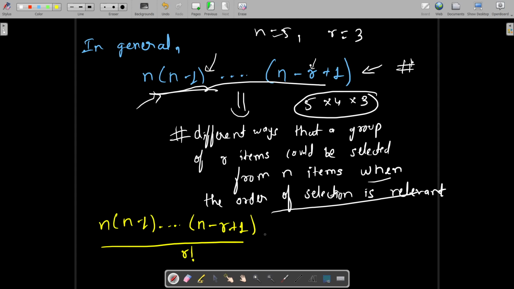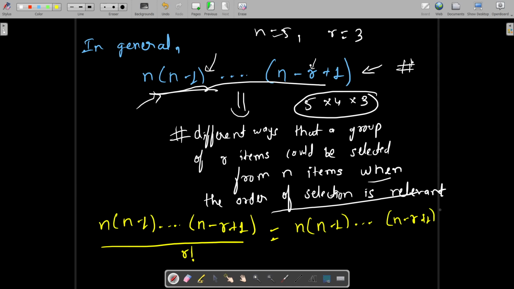Right? So now we are neglecting the order of selection, like it doesn't matter whether it's ABC or ACB or whatever, right? That doesn't matter now, and that's why this becomes the definition of nCr. How? Let me modify it a little bit. So n into n minus 1, I'm just trying to make a factorial in the numerator.